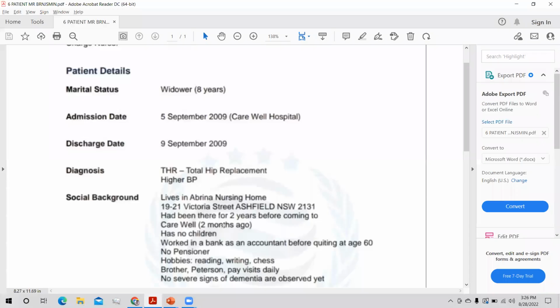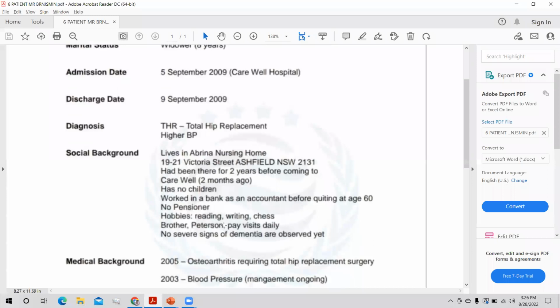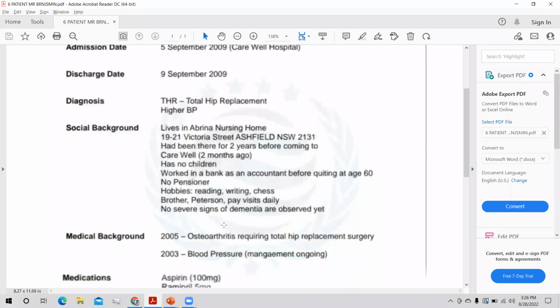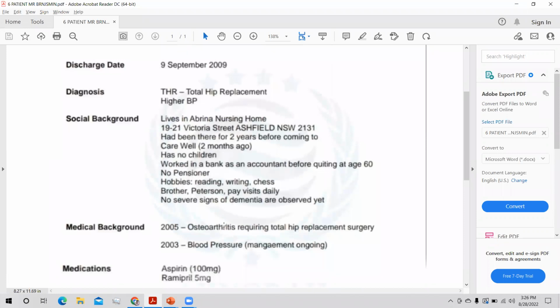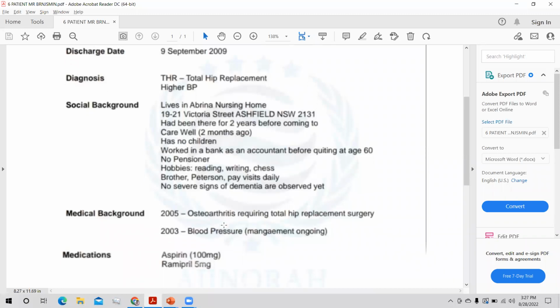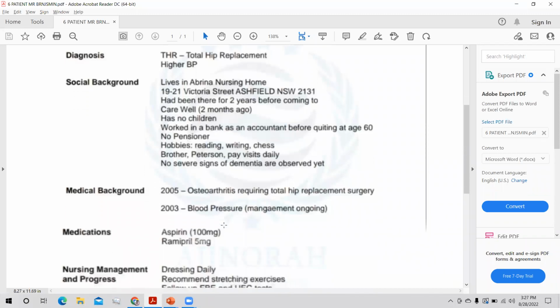Now we will go back to our case note and check what things we have to include. The diagnosis is given here. It's THR, meaning total hip replacement, and he is a TB patient, right? And the address we already checked. He has no children, worked in a bank as an accountant before quitting at the age of 60, now on pension.